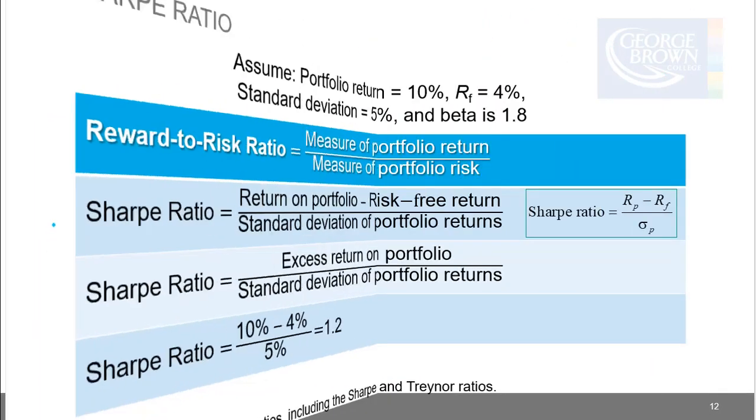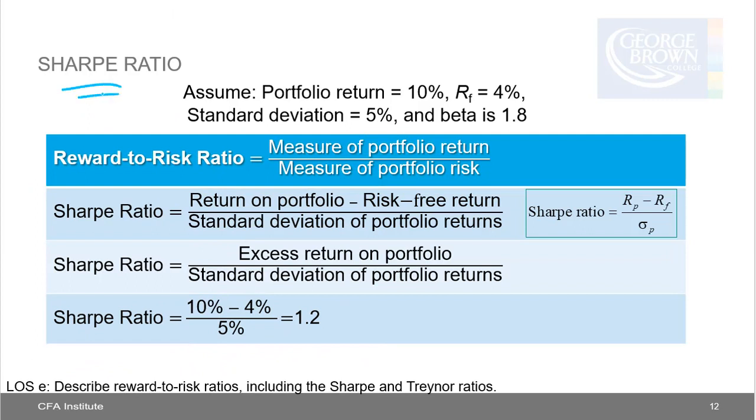Okay. Now we're moving on to the Sharpe ratio. The Sharpe ratio, first suggested by Nobel Prize-winning economist William Sharpe, is a commonly used reward-to-risk ratio. The portfolio reward is measured as the portfolio's excess return, which is equal to the difference between the portfolio's holding period return and the return on a risk-free investment.